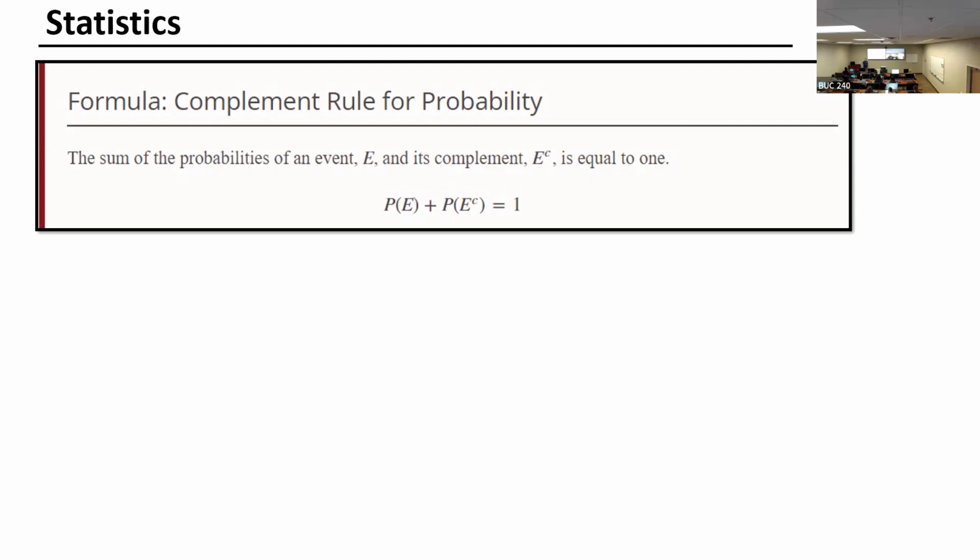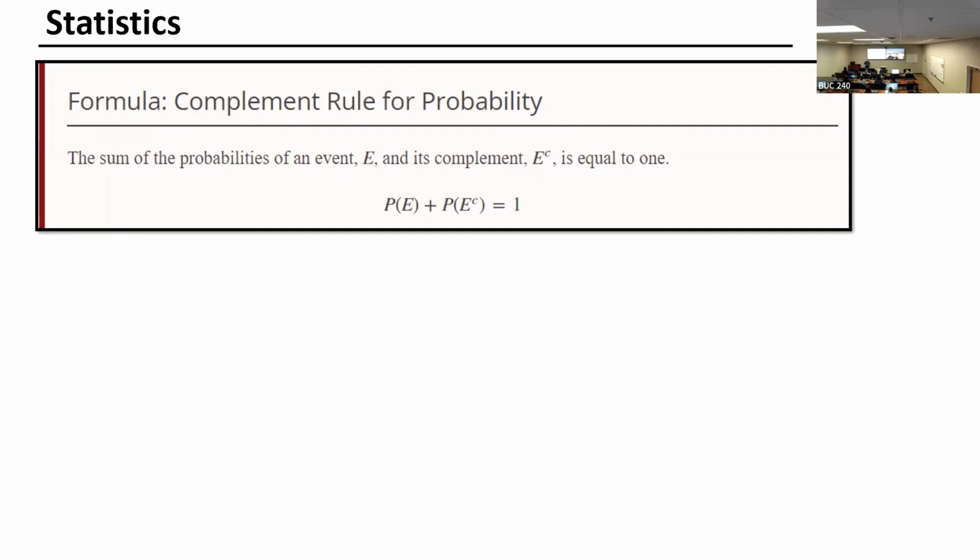Think about it. If I ask once again, what are the ways for me to get a 5 when rolling a dice? Well, 1 out of 6. What are the ways I can't? 5 out of 6. But when I put those two together, what is the probability of me rolling what I want or the other thing? 6 out of 6. So it's got to be 1.